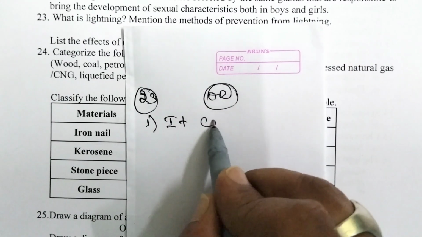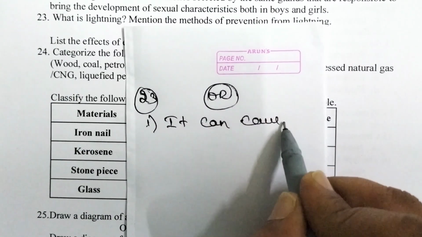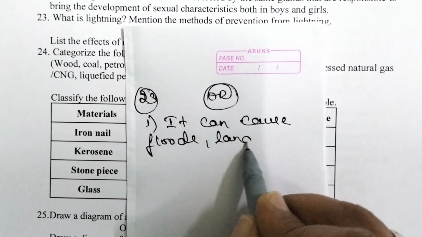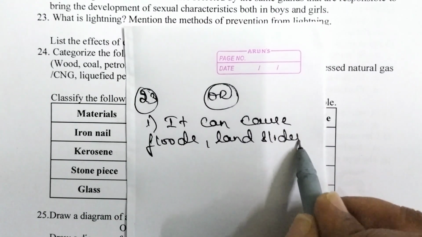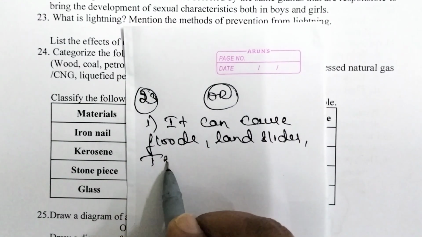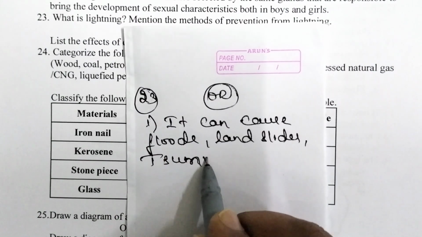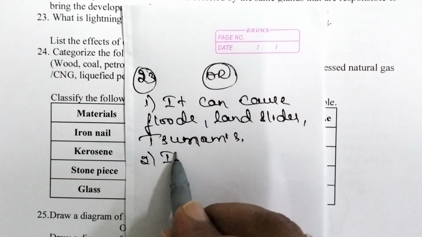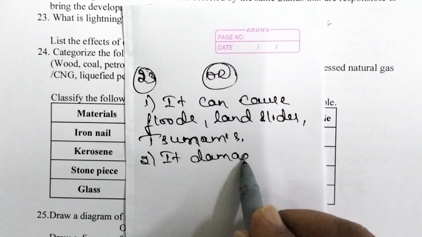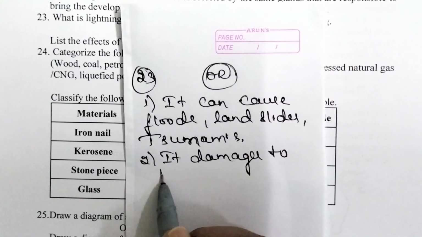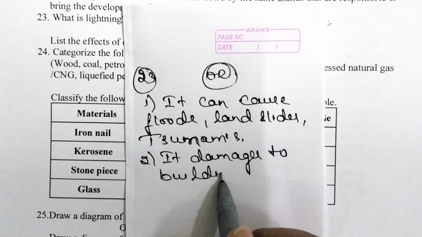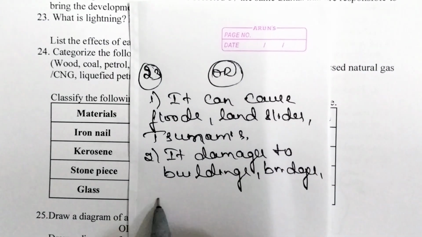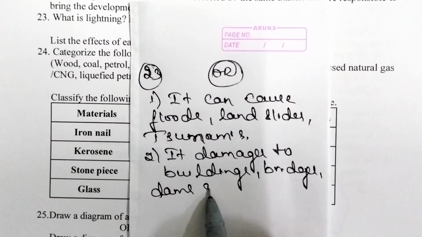That is, it can cause floods, landslides, tsunamis. Then the second point, it damages buildings, bridges, dams, and people.